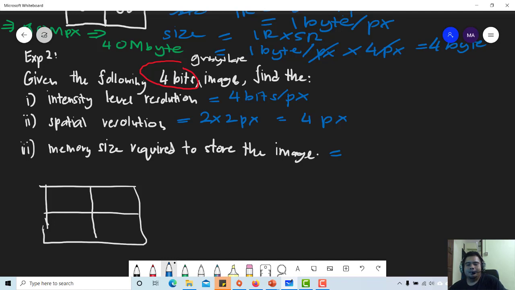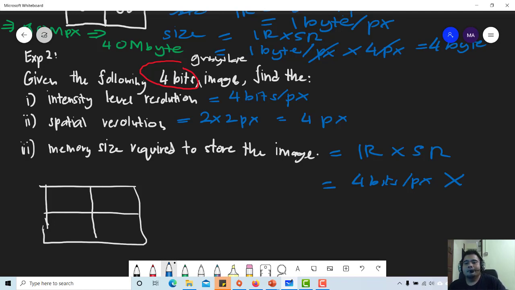Again, the size is equal to IR times SR. Your IR is 4 bits per pixel. You don't have to change it into byte, for safety purposes. Otherwise, if you wrongly change it into byte and the answer is wrong, then I can deduct marks.